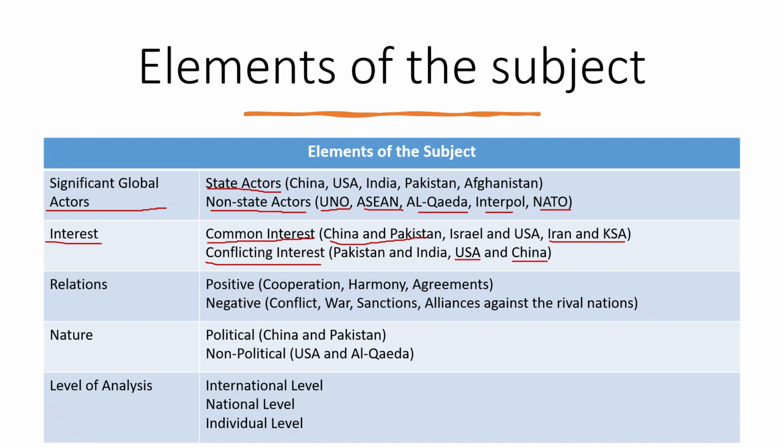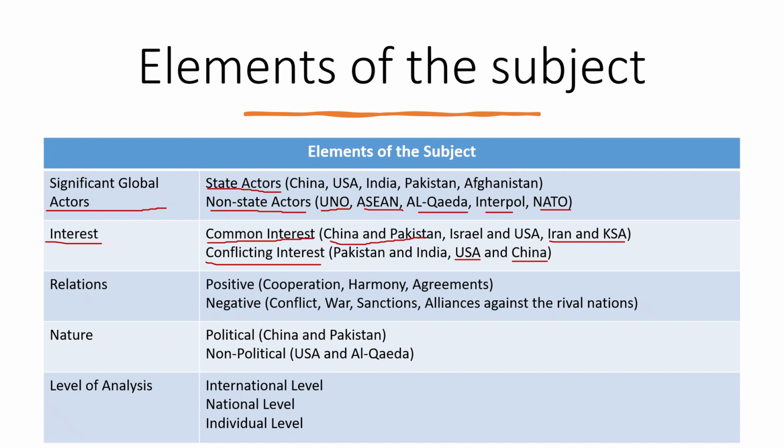But keep one thing in mind, that non-political relation can also develop among two political entities, that is, among two states. There could be a historic relation among two states, and we would call a historic relation a non-political nature of relation. We know that Pakistan and India have a historic relation.